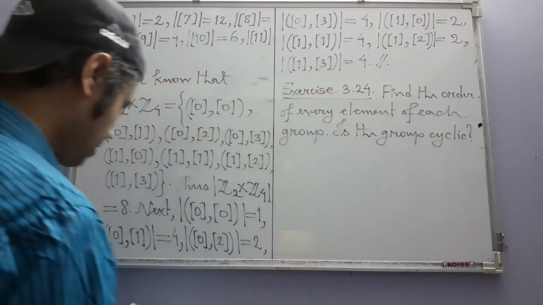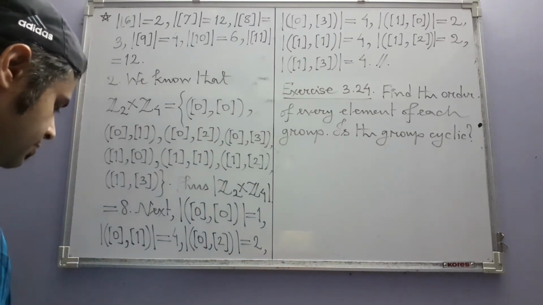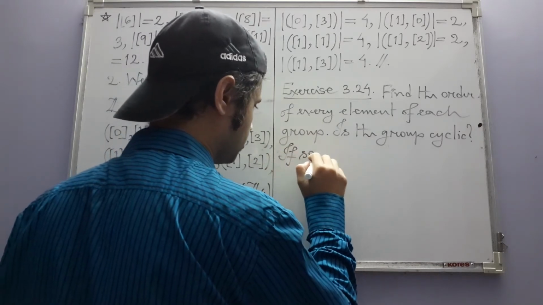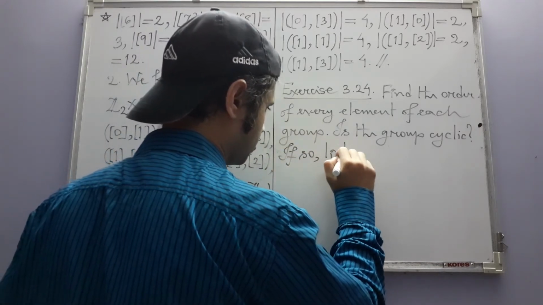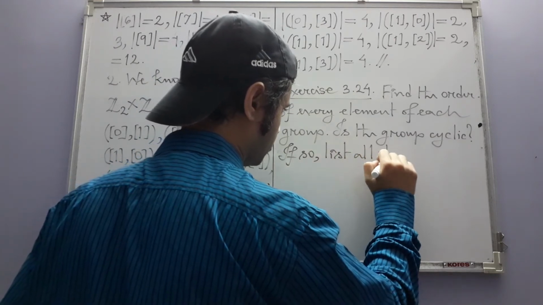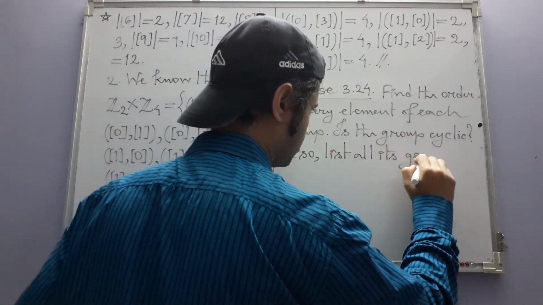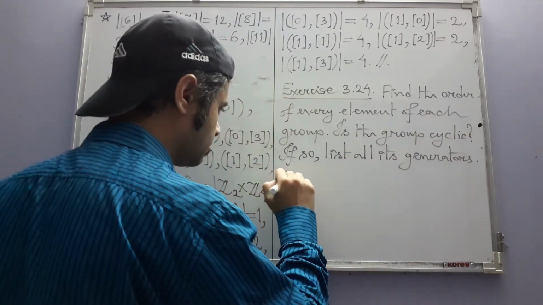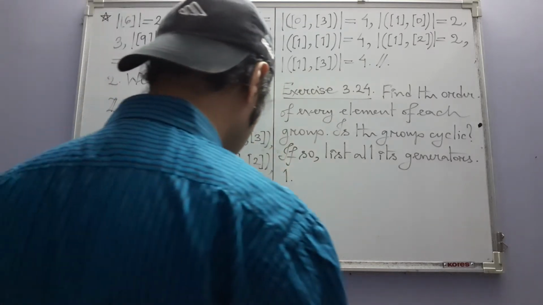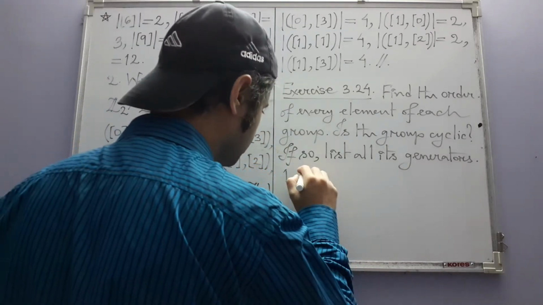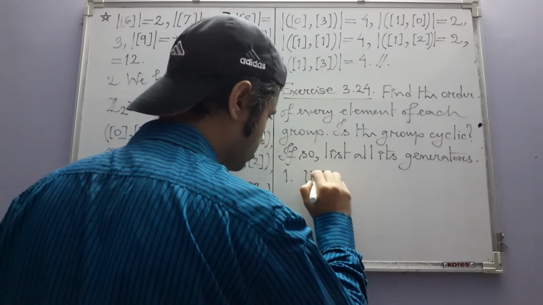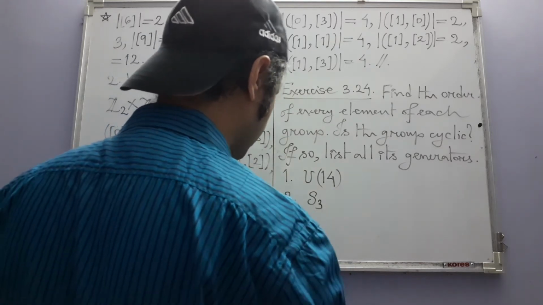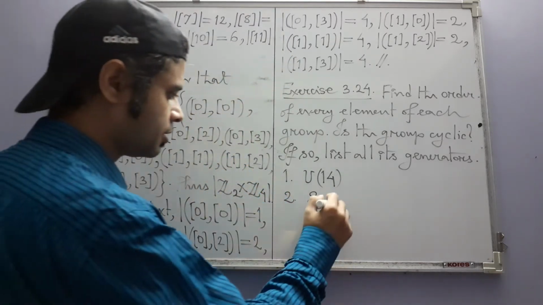That also we have to figure out. And what else? If so, list all its generators. So these are the two groups now. The first one is U14 and the second one is our familiar non-abelian group S3, the symmetric group of degree 3.